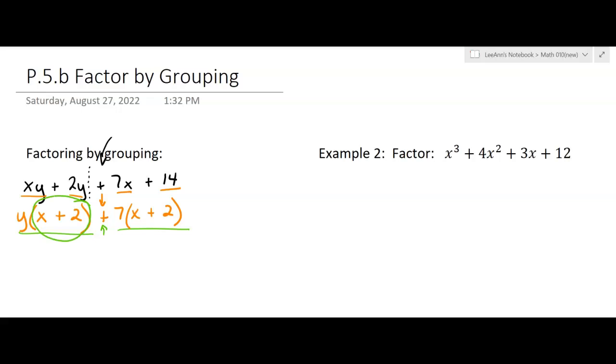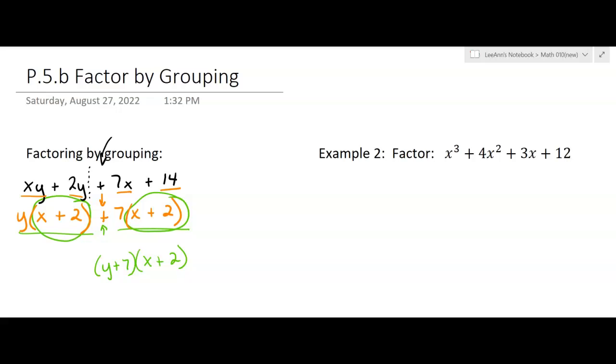And they do. That x plus 2 is what they have in common. So then I'm going to write the x plus 2. I'm going to write it in the back, but you can write it in the front. And then if you were to take out the x plus 2, you'd have y plus 7 as the other factor. Now you have stuff times stuff.